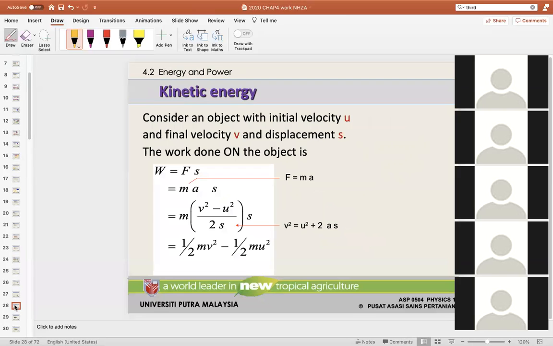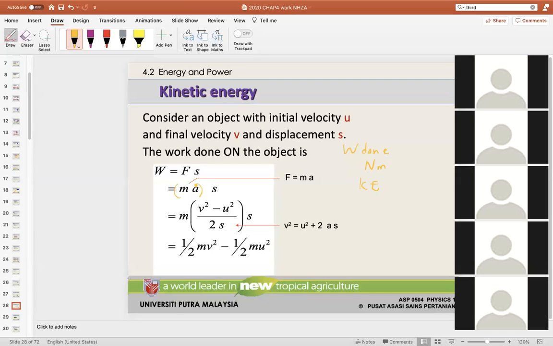So how did we derive this equation, 1/2 mv squared, from work done? Why does work done have the same unit, Newton meter, as kinetic energy? Because work done is equal to Fs, and we know that F is equal to ma.